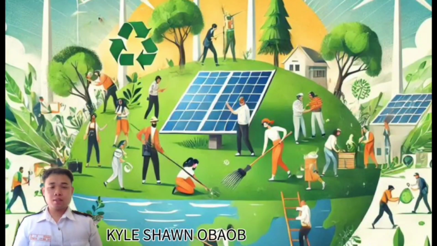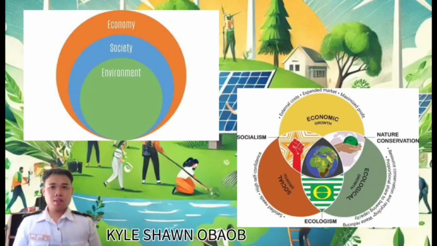Good day everyone, I'm Calciano Bob, and I'm going to talk about models of global sustainable development. One of the main models is the 3 pillars model, which includes the environment, economy, and society. For true sustainable development, these 3 must work together.